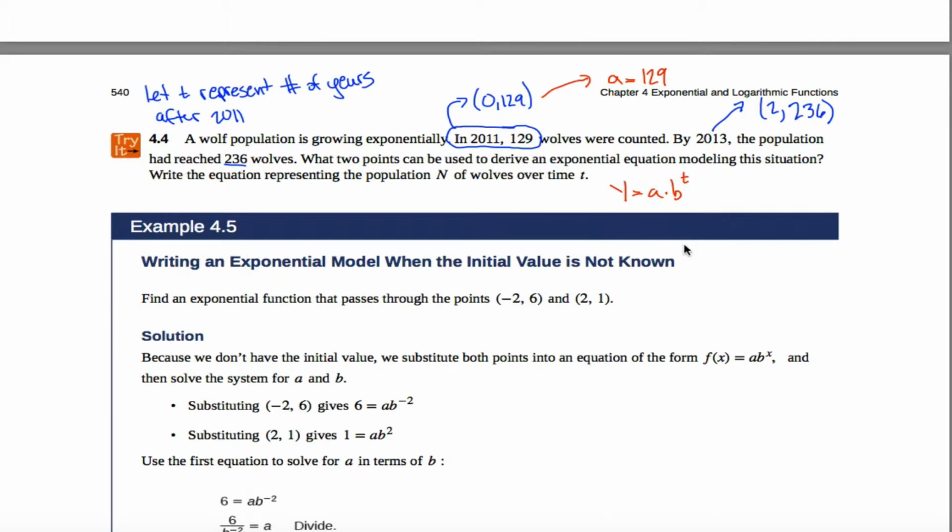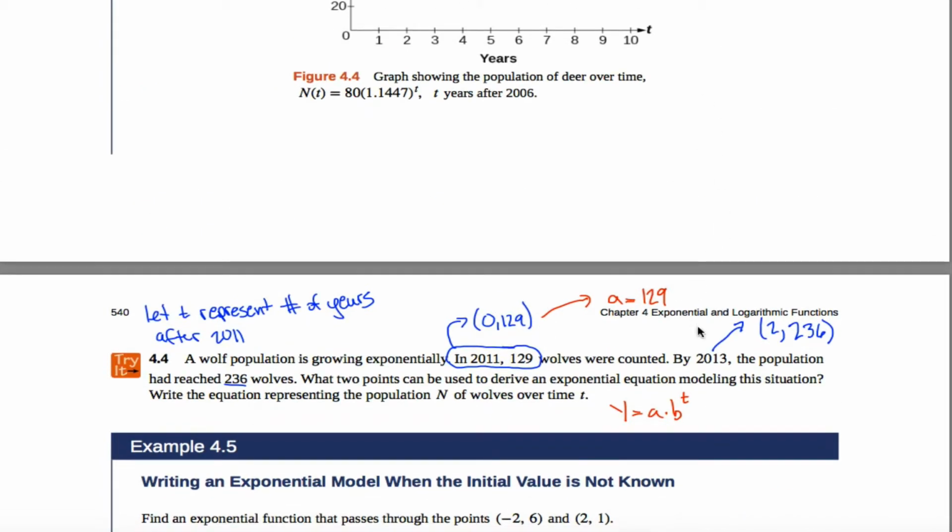So I know that, where am I going here? Maybe up here. I have y is equal to a times b raised to the t power, and this point tells me that when y equals 236, t must have been equal to 2.